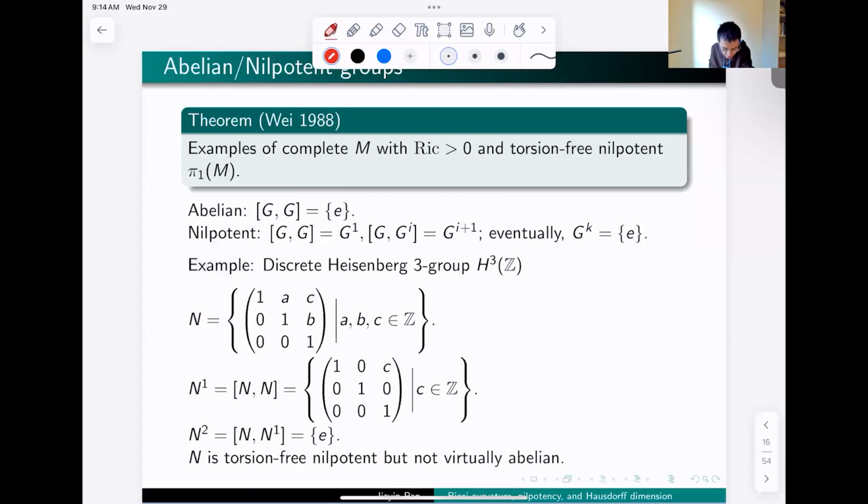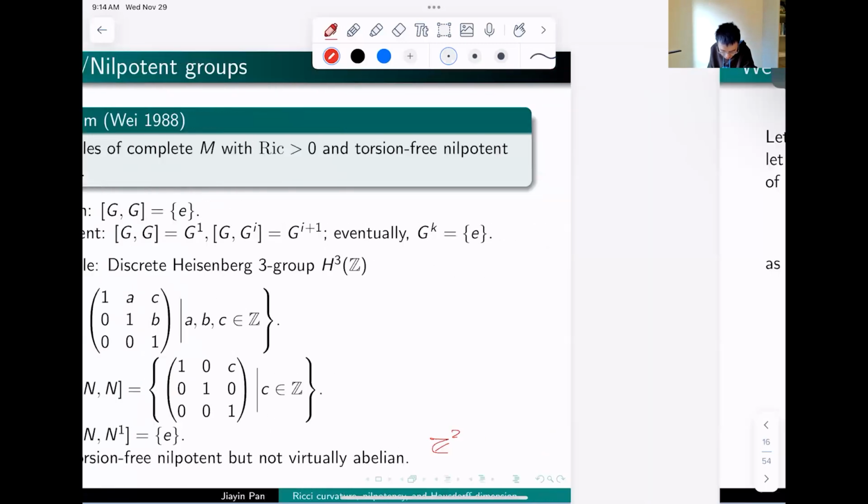A very simple example that we're always going to use as our motivating example is the discrete Heisenberg 3 group. You take the upper triangular matrices, with a, b, c integers, then this is a torsion-free nilpotent group. It's not virtually abelian. The largest abelian subgroup you can have there is like Z squared, which has infinite index in N.